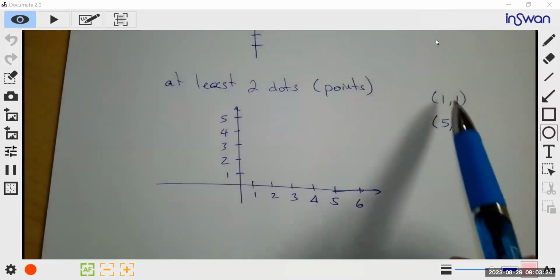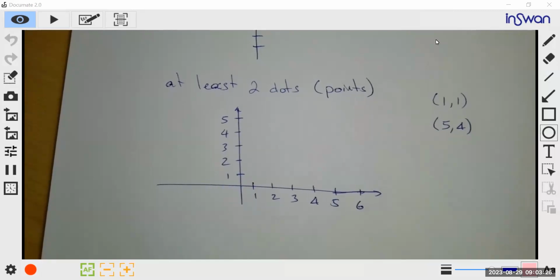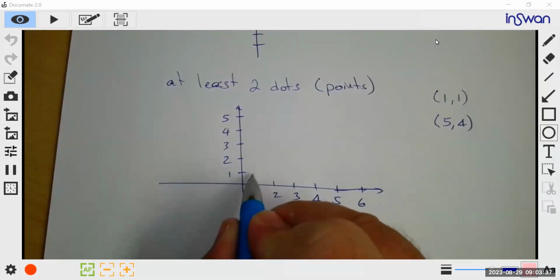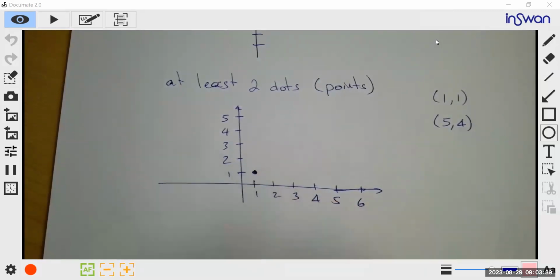And we're lucky because we know both of those points are in which quadrant? The first quadrant. So the first one is there.